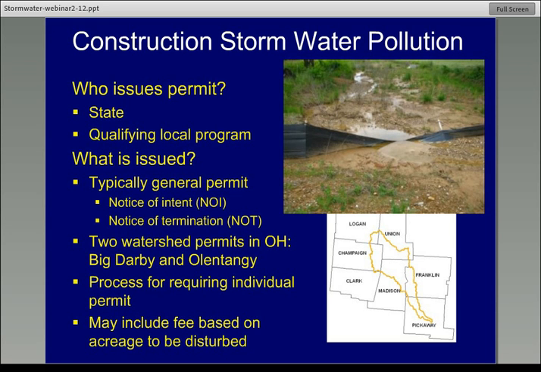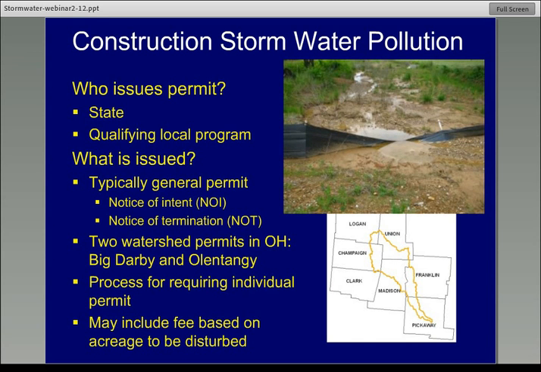What do these programs look like? What's typically issued? It's a general permit, though an individual permit can be applied for or can be petitioned. These programs are, by and large, general permits. And again, I just would point out, a general permit program is supposed to be for several common activities that are similar, and that can be required to do certain things the same because they are similar.